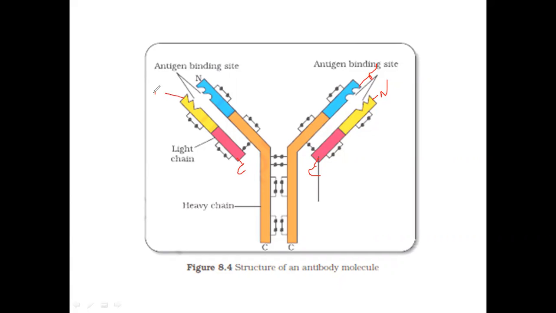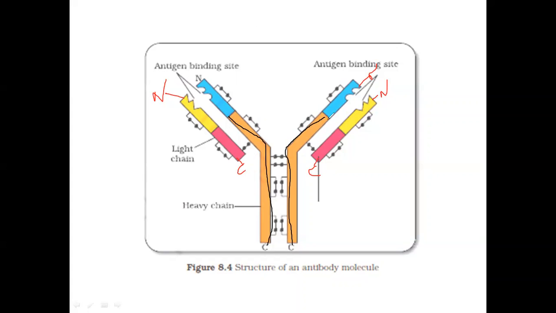Light chain and heavy chain both consist of similar sequences of protein, and they have constant regions as well as variable regions. Now this black line indicates the constant region of the heavy chain.